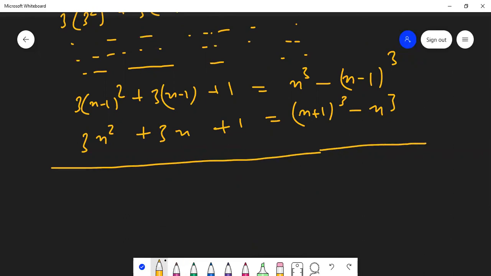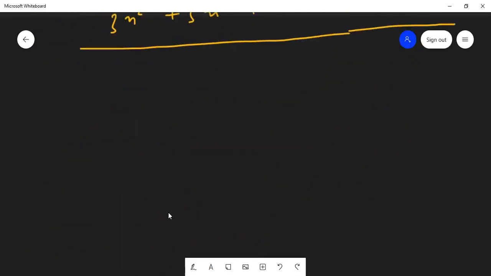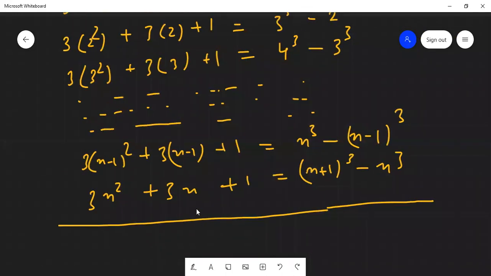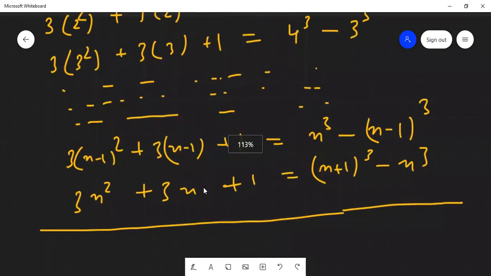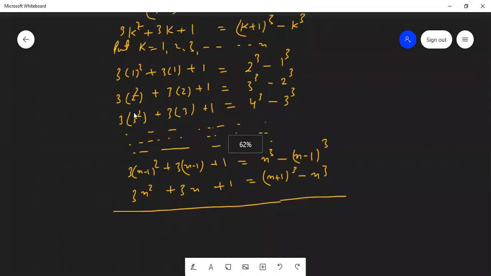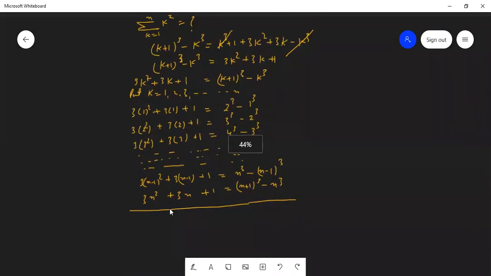Now, if you look at this carefully, the pattern you have got here is like 1 square, 2 square, 3 square, 4 square, you go up to n square. So how can you write it?